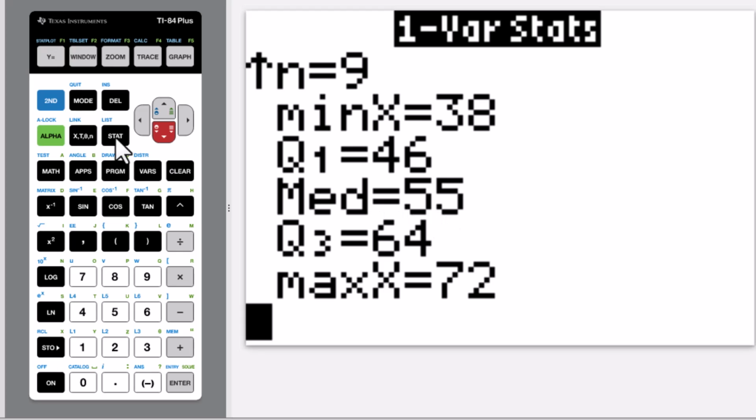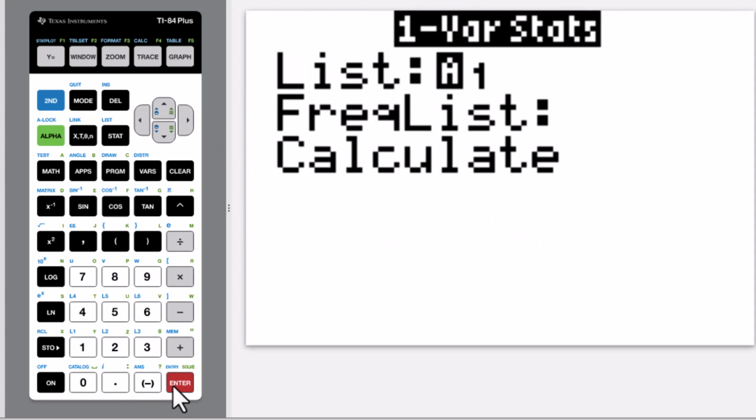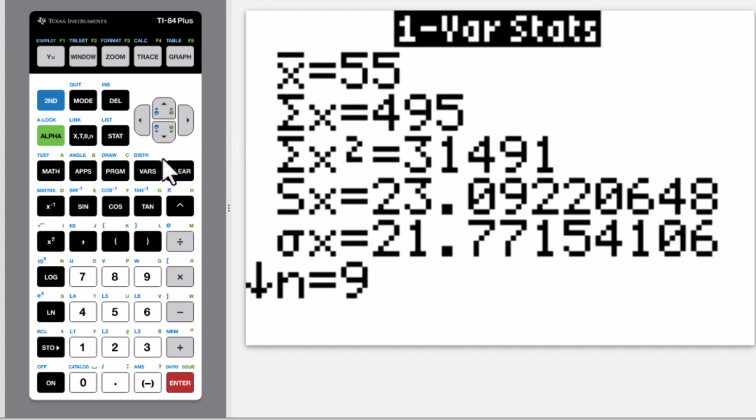Let's calculate the standard deviation for class B. Stat, calculate, one variable stats, enter. This time list is L2, so second 2 is L2, then enter. You could see the mean is 55.